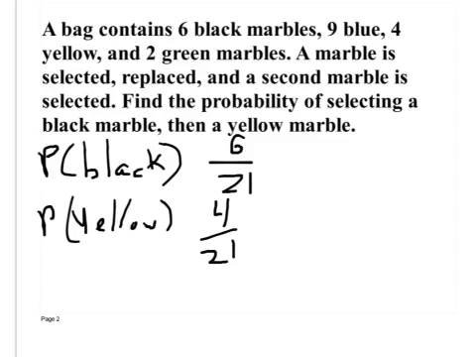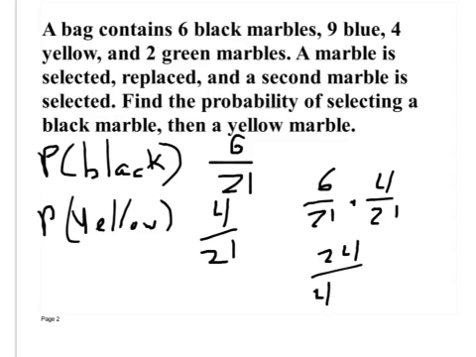So we take 6 over 21 times 4 over 21. 6 times 4 is 24. 21 times 21 is 441. Then you take 24 divided by 441.